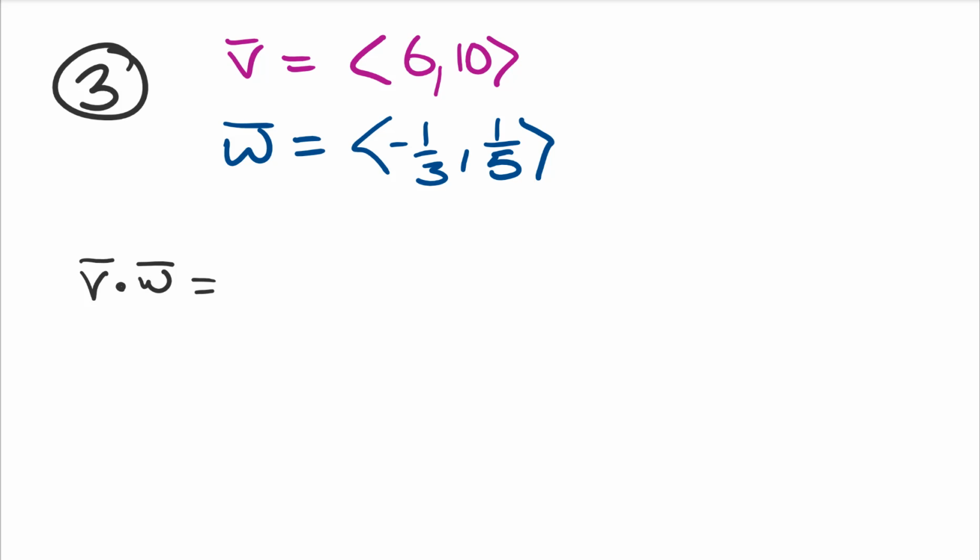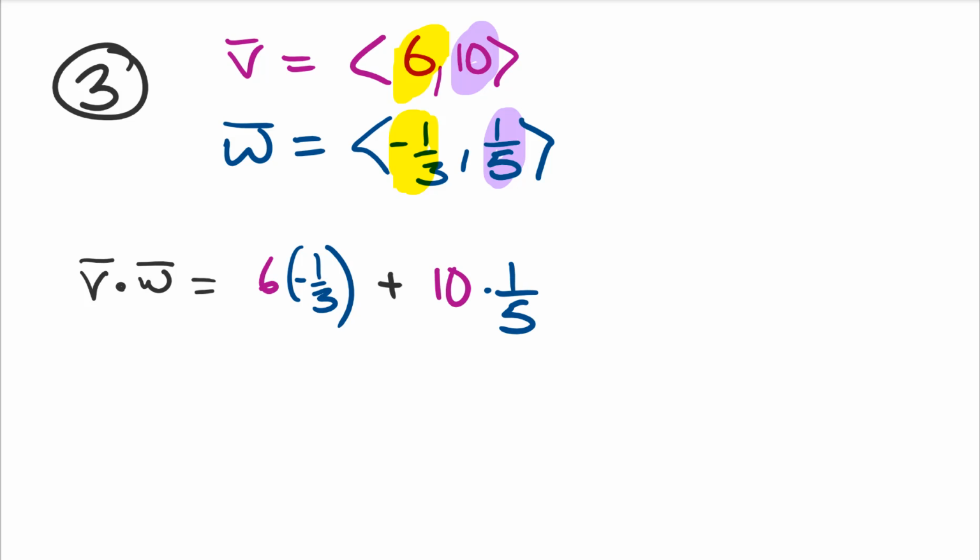Cool, so we multiply our horizontal components together, and then we multiply our vertical components together. And then we just add those two things up. So we've got 6 times our negative 1/3. Can you see how simple this would be if you could just do this in your head? I wish I could. I don't have that brain power.